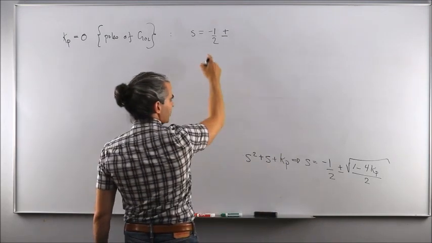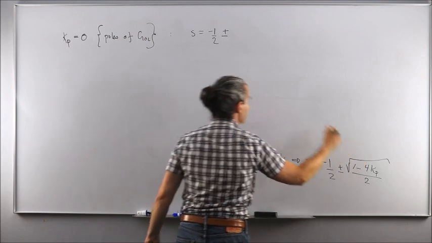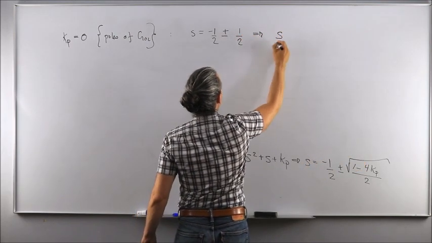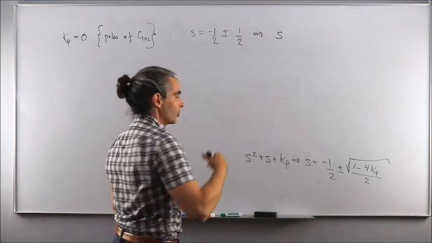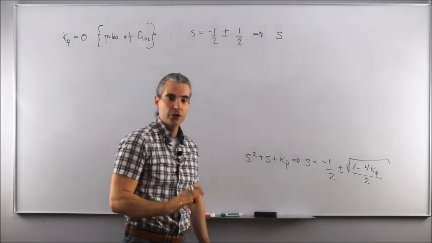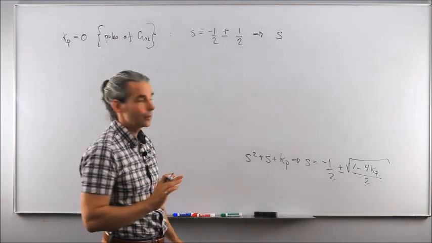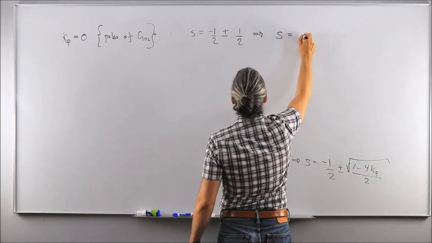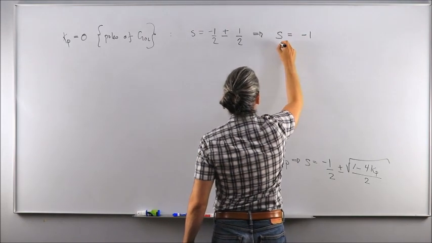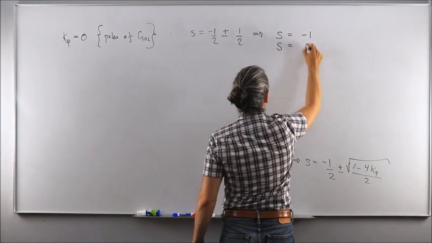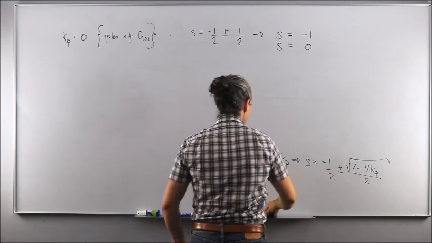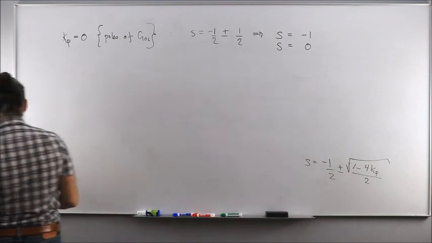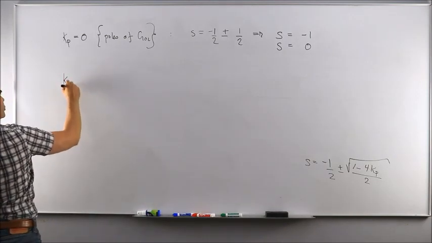So it'd be minus 1/2 plus minus 1/2, meaning that the poles of the open loop transfer function, or the poles of the closed loop transfer function whenever Kp is exactly equal to 0, will be given by one pole at minus 1 and the other pole at 0, at the origin of the complex plane. Okay? Now let's set Kp larger than 0.